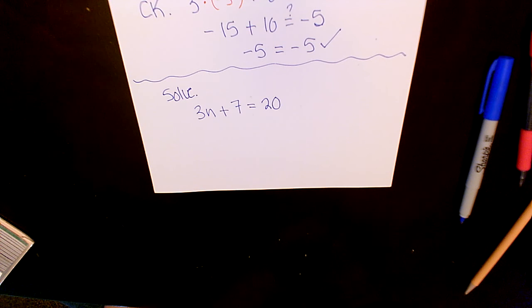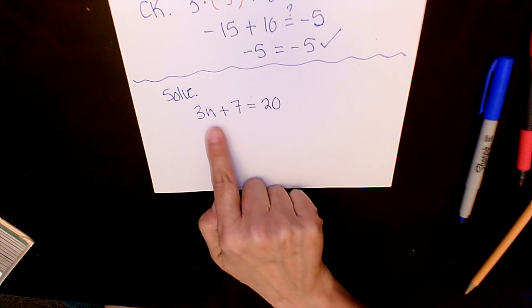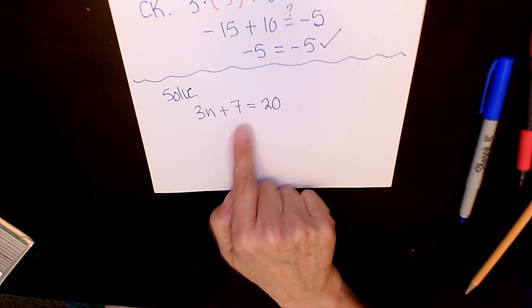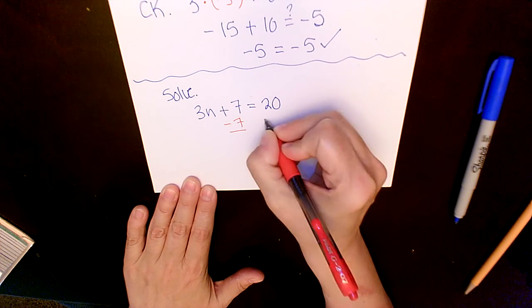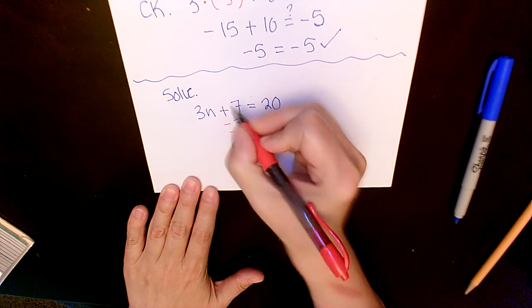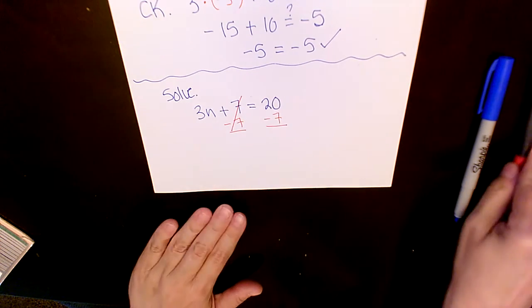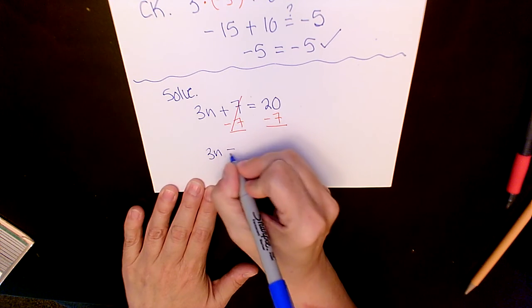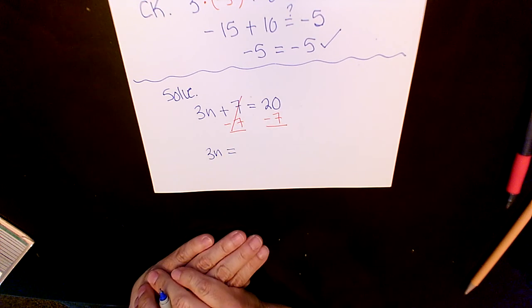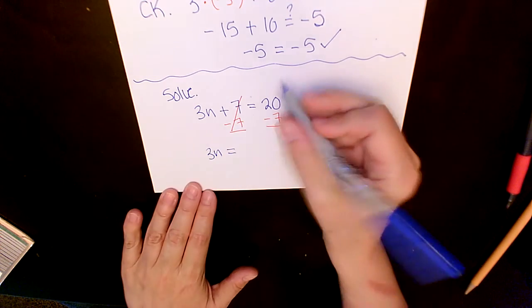I don't have any like terms, so I'm going to come over here to step 2. I've got a plus 7, so I'm going to subtract 7 from both sides. The 7's cancel. The 3n comes down. And what's 20 minus 7?